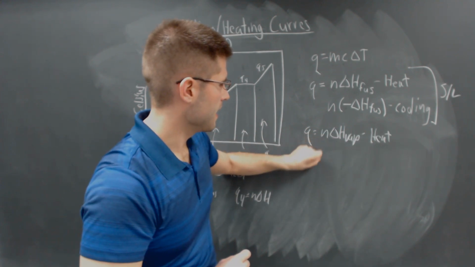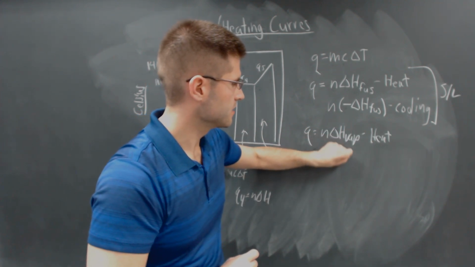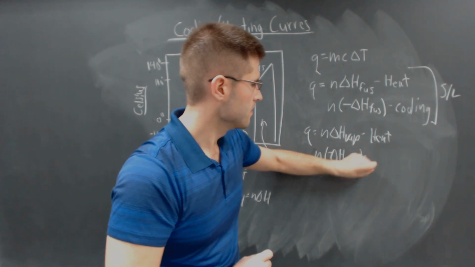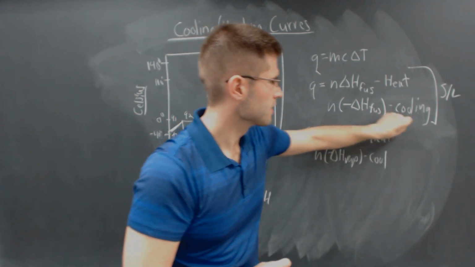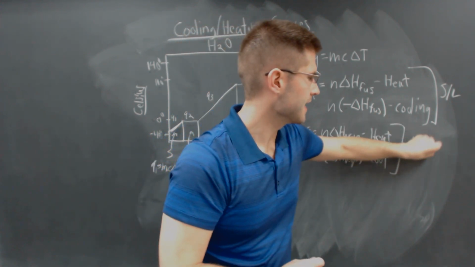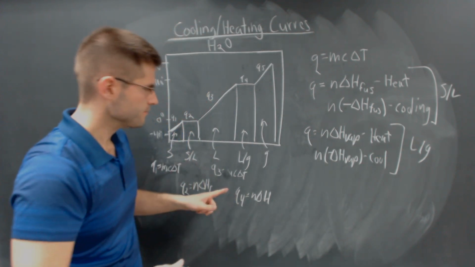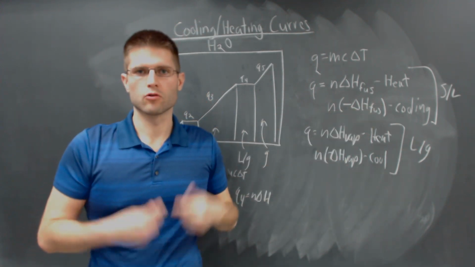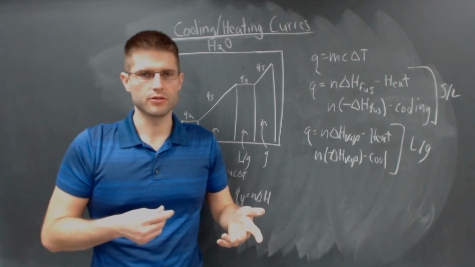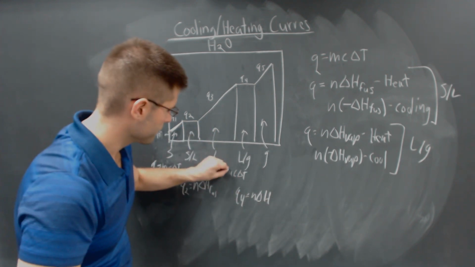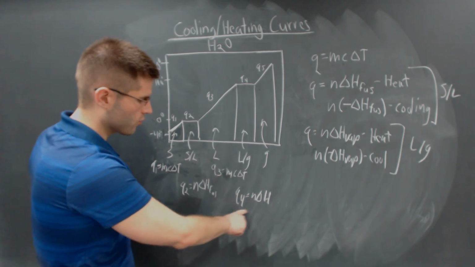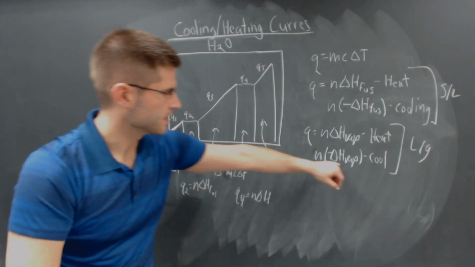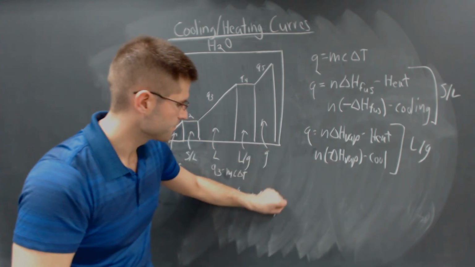And n times negative delta H vaporization for cooling. This is for the liquid-gas interface. This delta H vaporization, delta H fusion, we look up in a table or it's given to you in a problem. Okay. So we have Q4 is n delta H, and it's going to be vaporization in this case.